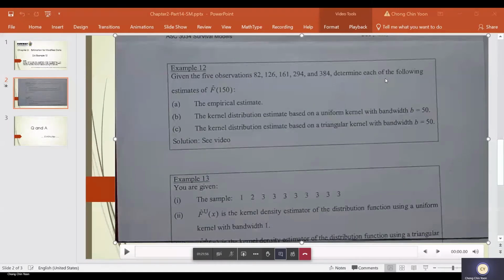I propose another method that is without using the table, and I calculate that as simplified by the piecewise function. Okay, so you may try this method to save your time. Okay, here we go.